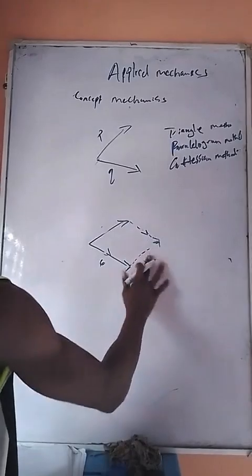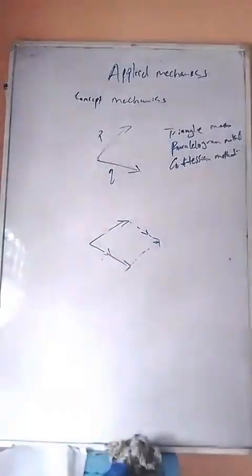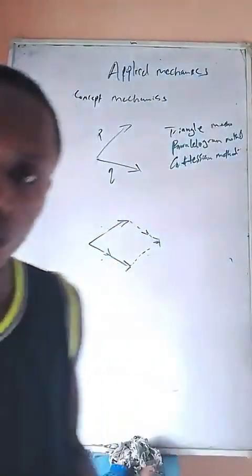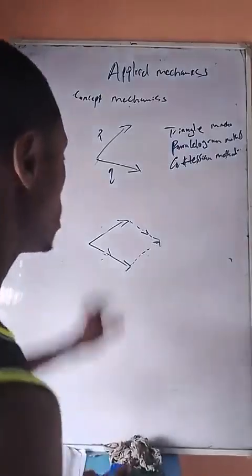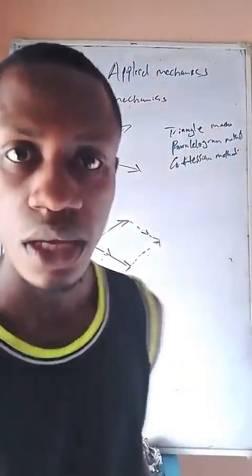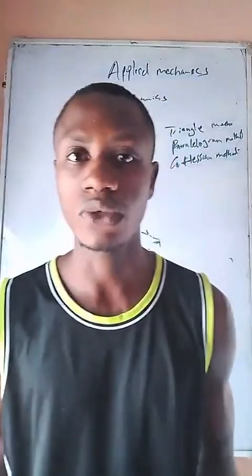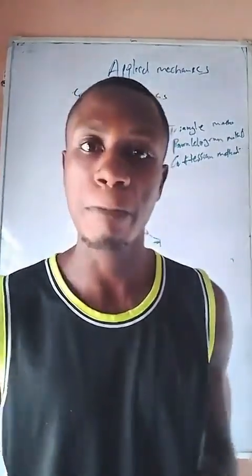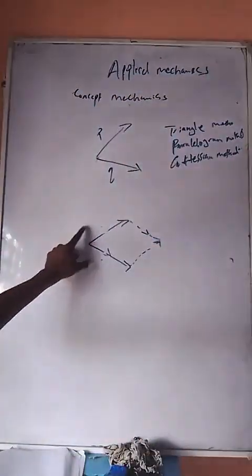So how do we use this to represent vectors? We need to find that resultant, that single force that will have the same magnitude and direction as these two, so that instead of using the two, we have a single force with the same power as though we were using these two.